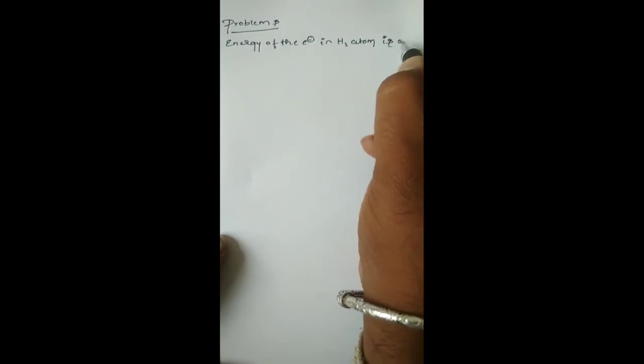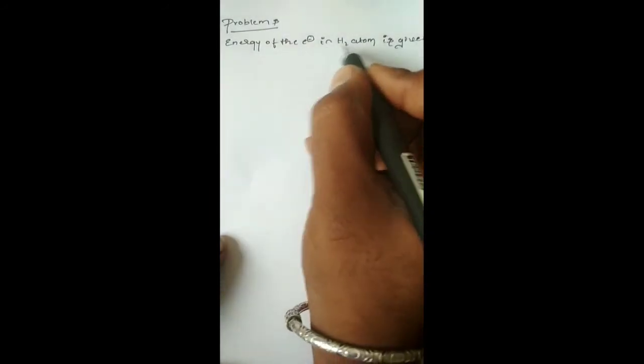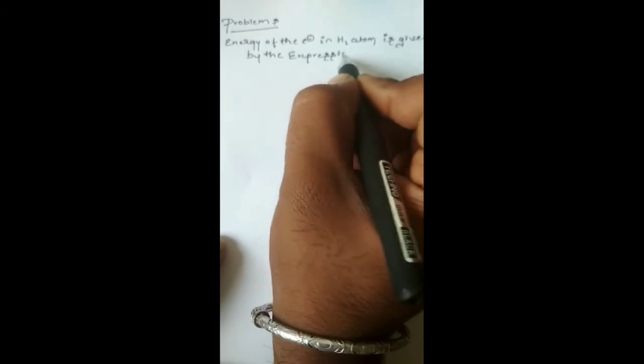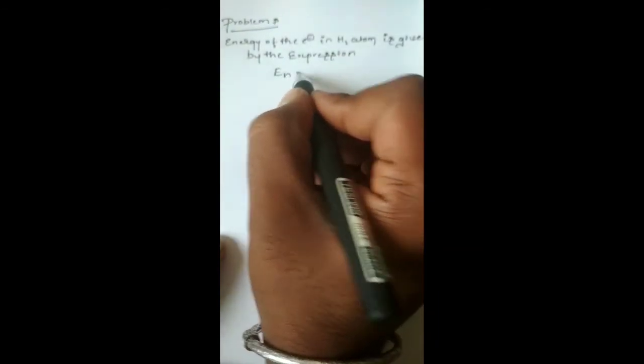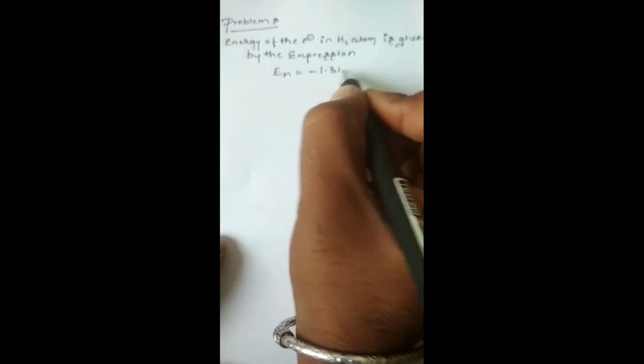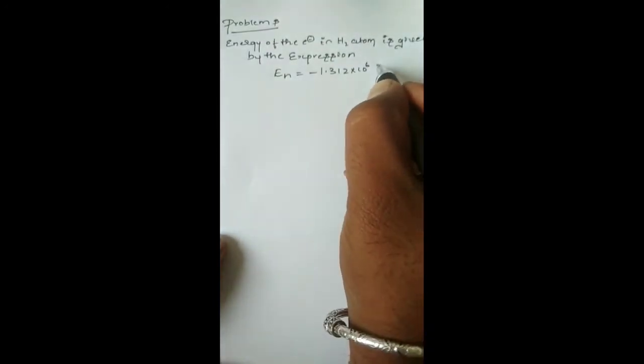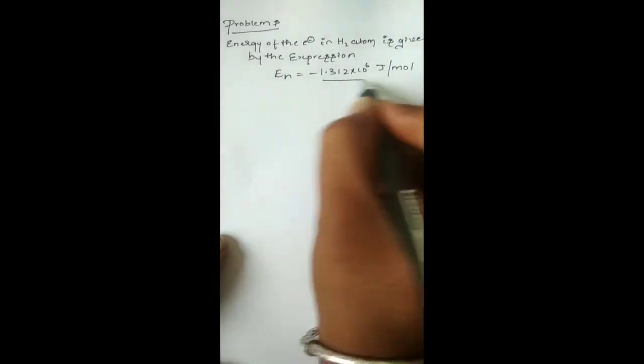The energy of the electron in a hydrogen atom is given by the expression En equals minus 1.312 into 10 to the power of 6 joules per mole divided by n square.